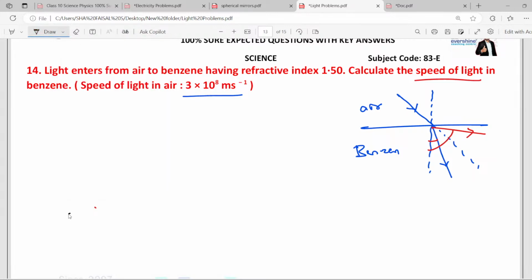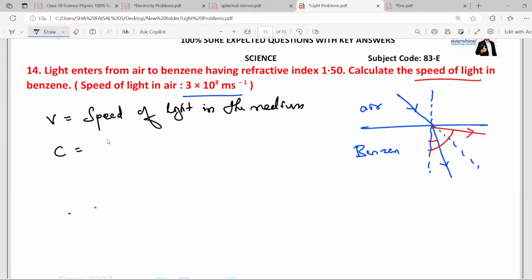Now, they're asking to find the speed of light in benzene. Now, children, what is V? Here we use the symbols. V means speed of light in the medium. What is C?